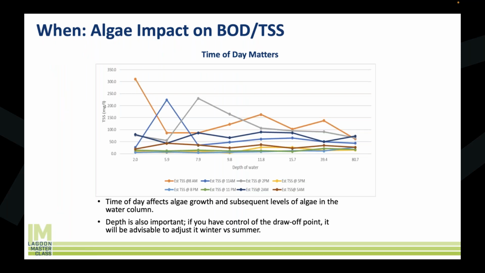Now, if you want to have a composite sampler on your effluent, that's fine. You can do a composite sampler on your effluent, and this will normalize this effect.